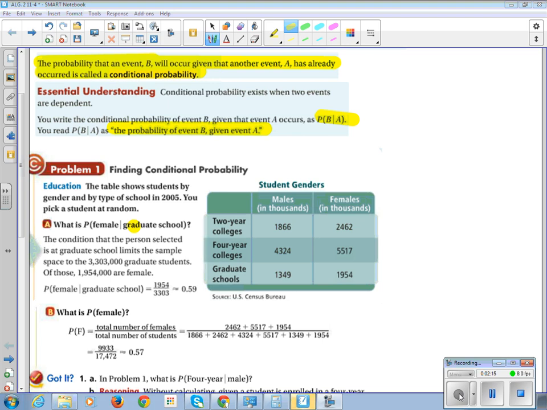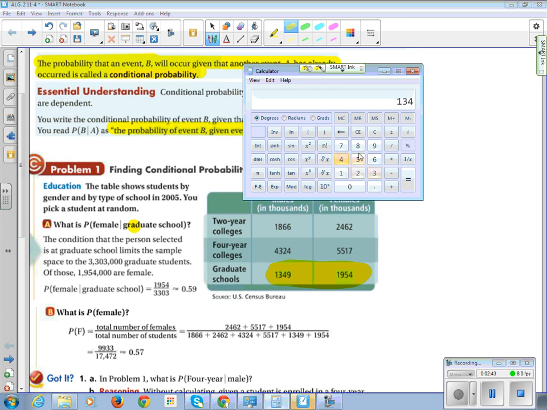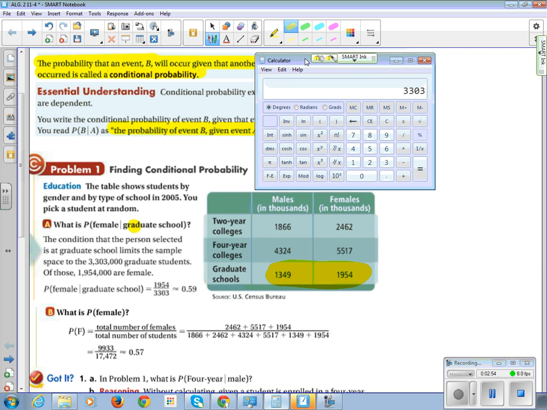The condition that the person selected is in graduate school limits the sample space to 3,303,000 graduate students. So your total students in graduate school are these two numbers added together. I'm just going to do it in my calculator: 1349 plus 1954 is 3303, and these are in thousands.